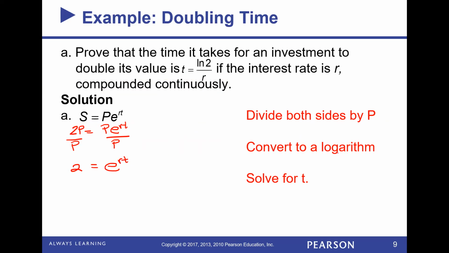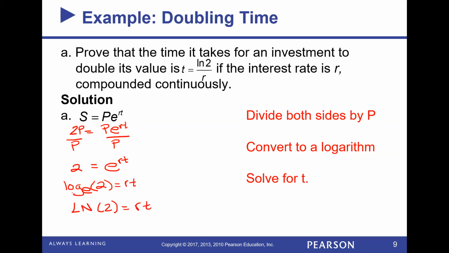So now step 3 was basically convert to a logarithm. All right, so when we convert that to a logarithm, this is going to be log base e of, again, cross the equal sign, of 2 equals, over back to get the exponent, rt. Now again, do we write log base e? No, log base e is actually natural log.